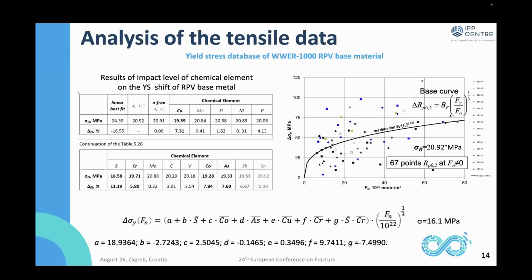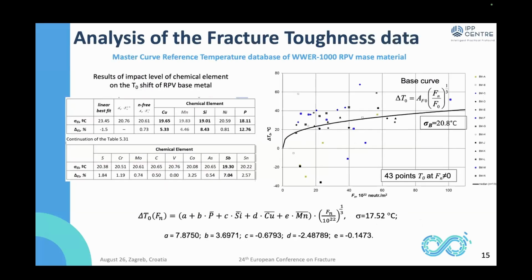I mean elastic-plastic J-integral calculations, which take into account the real yield stress. For those forgings and zones of base materials which were not presented in surveillance specimens, this equation should be very relevant.